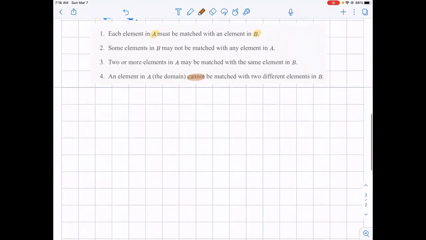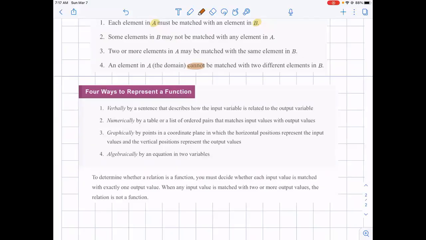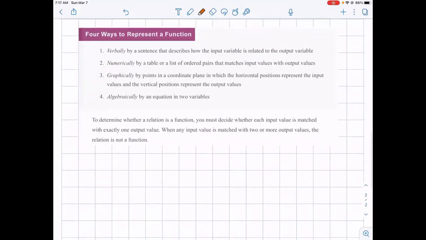So if we look at a different scenario, or different ways to represent a function, there are many ways a function can be represented, okay? So let's look at some of those ways. There are 4 ways in which a function can be presented.